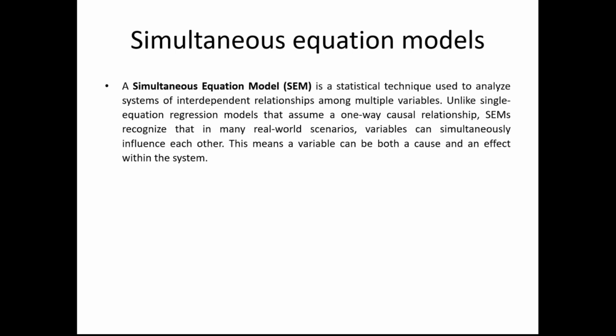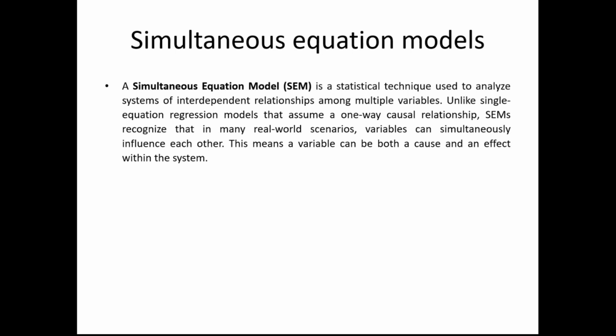Therefore, a simultaneous equation model is a statistical technique used to analyze a system of interdependent relationships among multiple variables. Unlike single equation regression models, which assume a one-way causal relationship, simultaneous equation models recognize that in many real-world scenarios, variables can simultaneously influence each other.